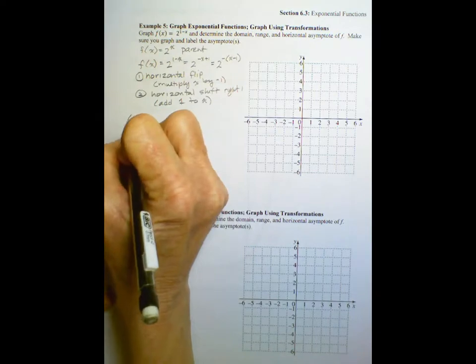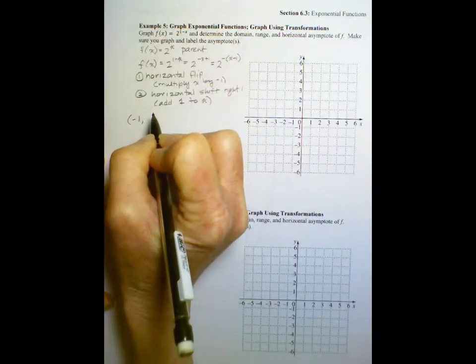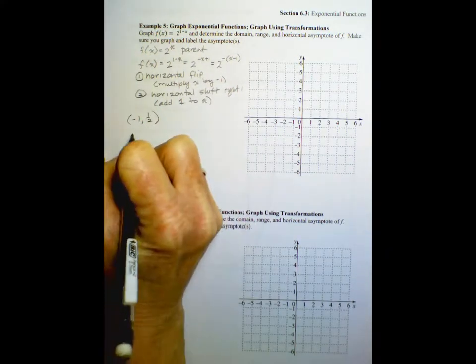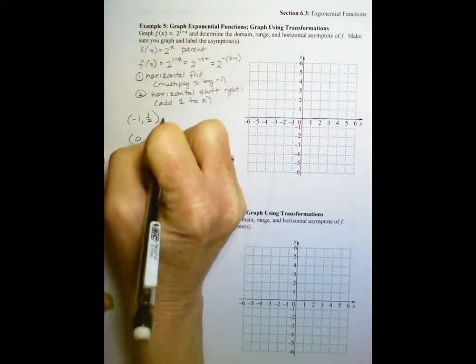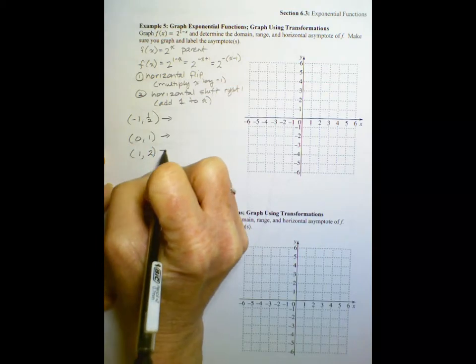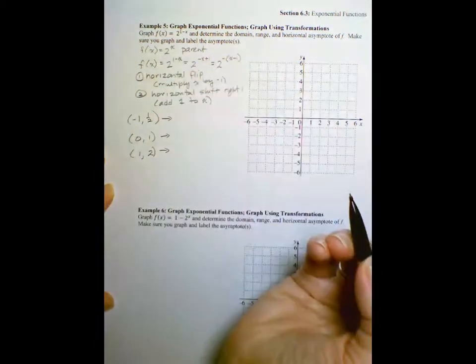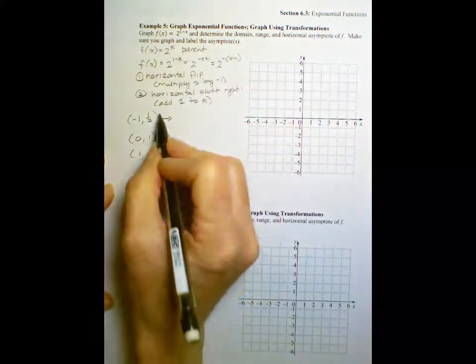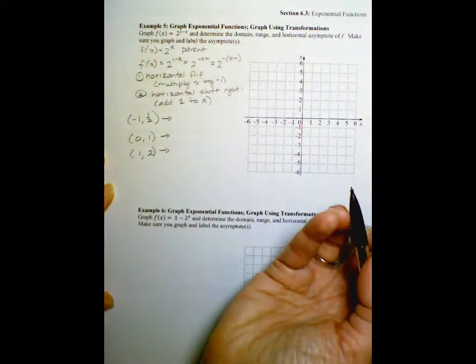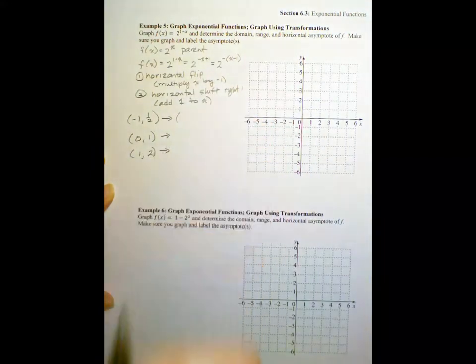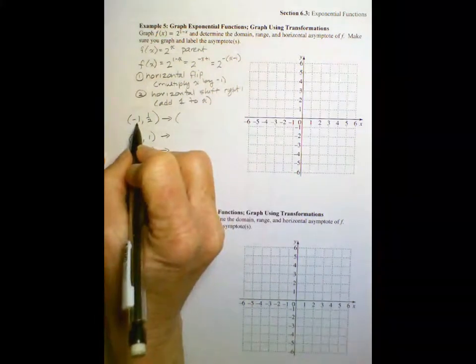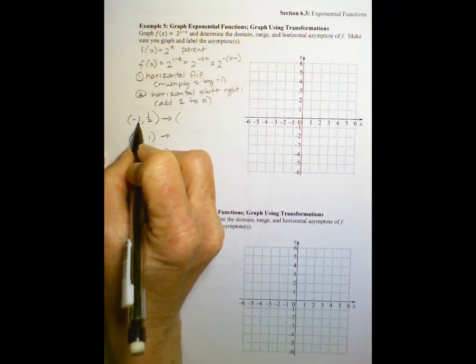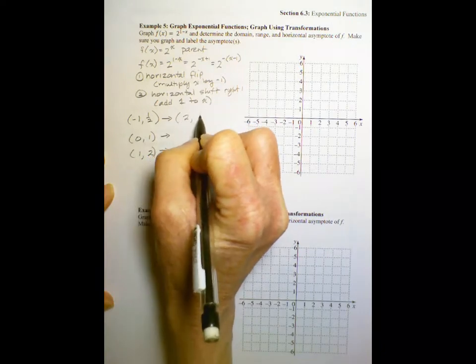Again, our points are negative 1, 1 over a; a is 2; 0, 1; and 1, a; a is 2. Where do these points go with this transformation? Well, all the y values are staying the same. We didn't say anything about doing anything to y. So each x will multiply by negative 1 and then add 1. Negative 1 times negative 1 is positive 1, plus 1 is 2.